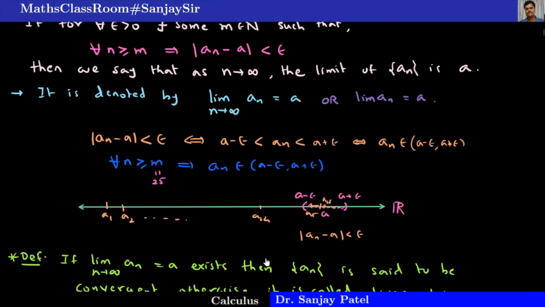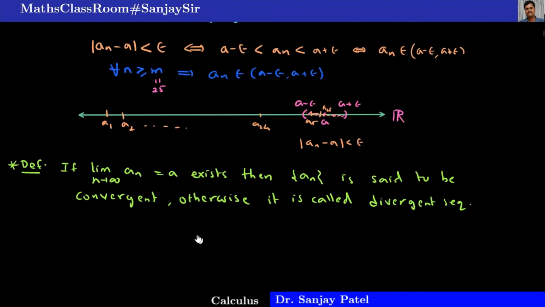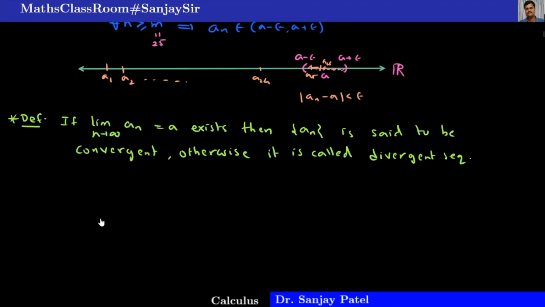Now let us recall some important limits of some sequences which are useful in convergence and divergence of infinite series. So let us recall. The first one, which we already proved in our discussion, is that limit as n tends to infinity, 1 upon n is equal to 0.